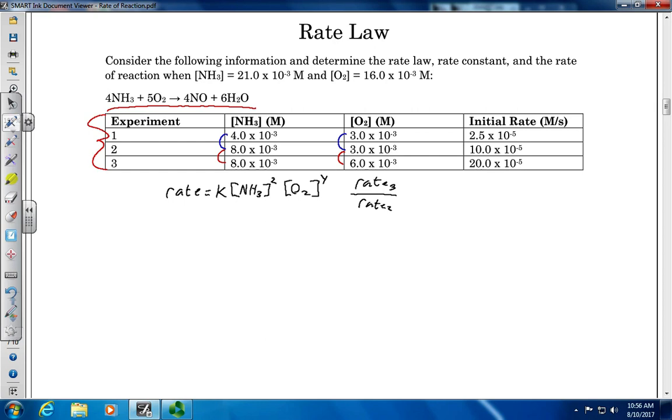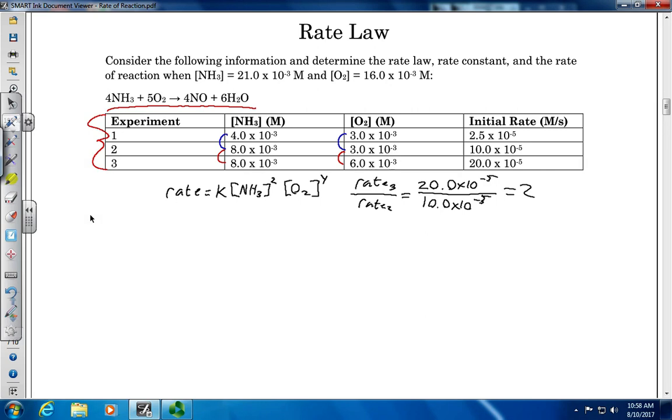So we're just going to leave it like that. And in that expression, you'll find it's 20.0 times 10 to the minus 5 molars per second over 10.0 times 10 to the minus 5 molars per second, which simply equals 2.